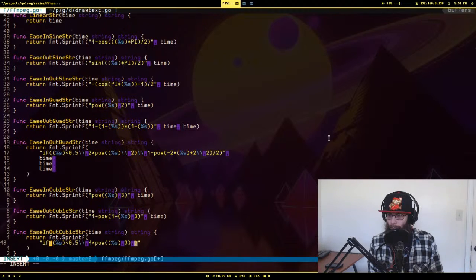Else 1 minus pow -2 times %s plus 2, third, divided by 2.